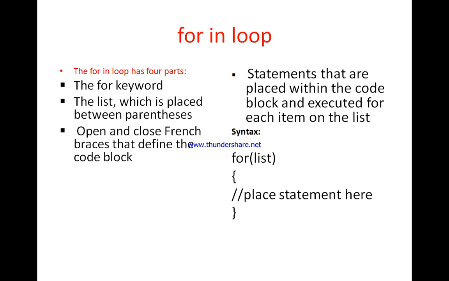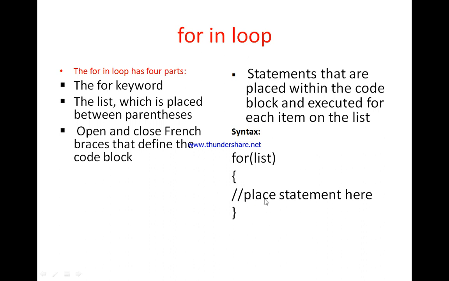Okay, and the third part is the open and close braces that define the code block. Braces means curly brackets. And the fourth part is the statements that are placed within the code block and executed for each item on the list.